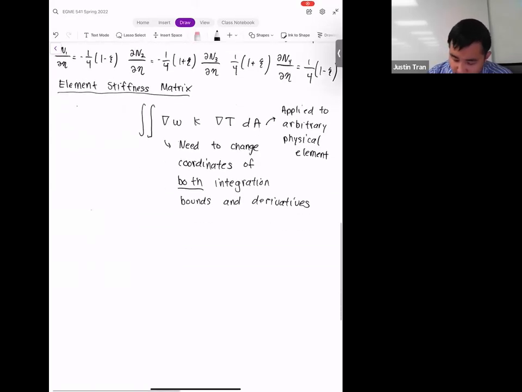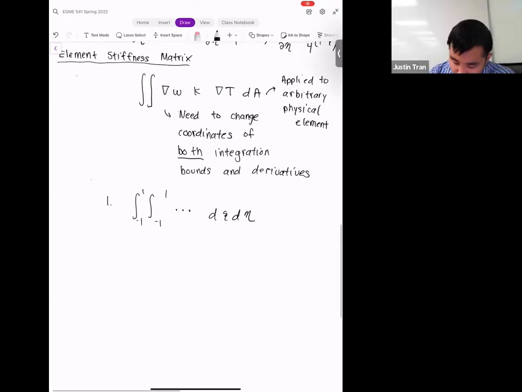Okay. And so what I mean by that is that not only do we have to get that, which is the change of coordinates on the integration bounds, but we also have to perform this transformation as well.